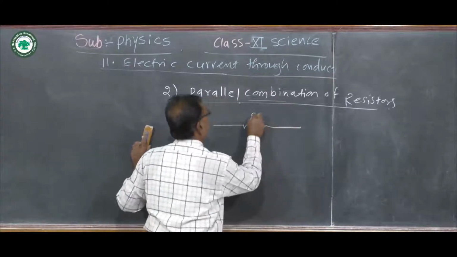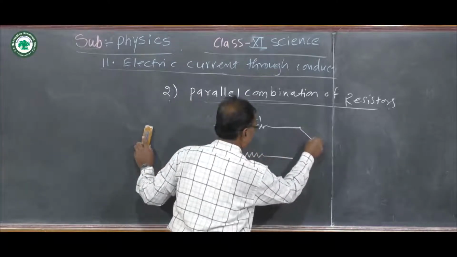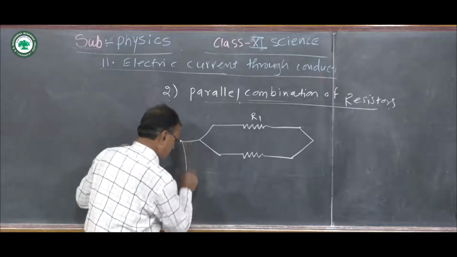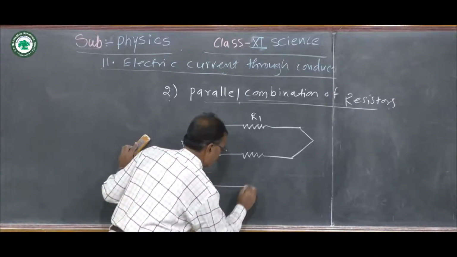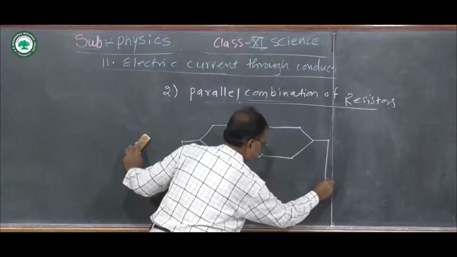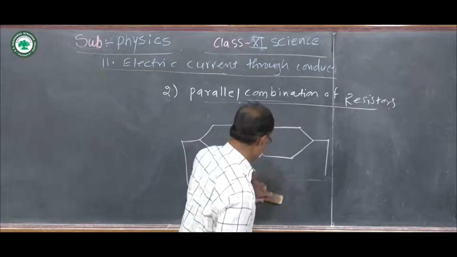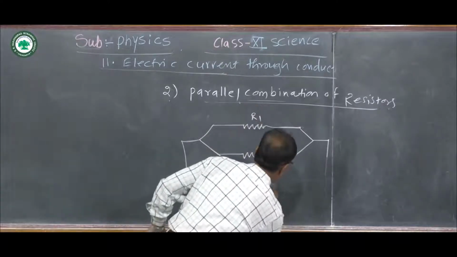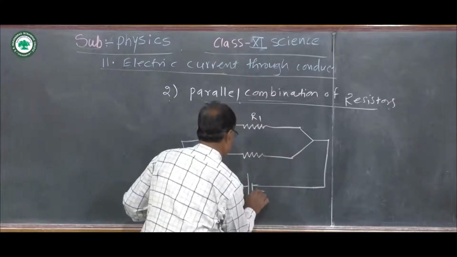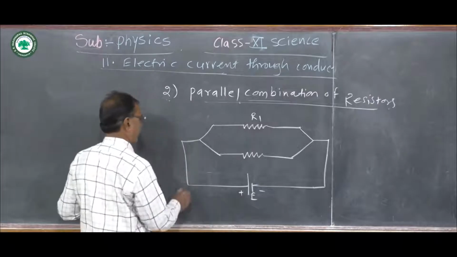Suppose R1 and R2 are connected in parallel, and across this parallel combination a battery is connected. We know a battery has two terminals, the positive terminal and the negative terminal, and E is the EMF of the battery.